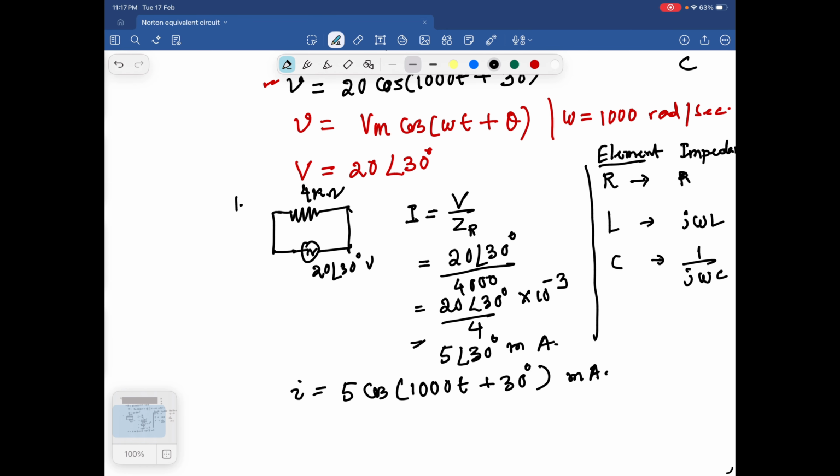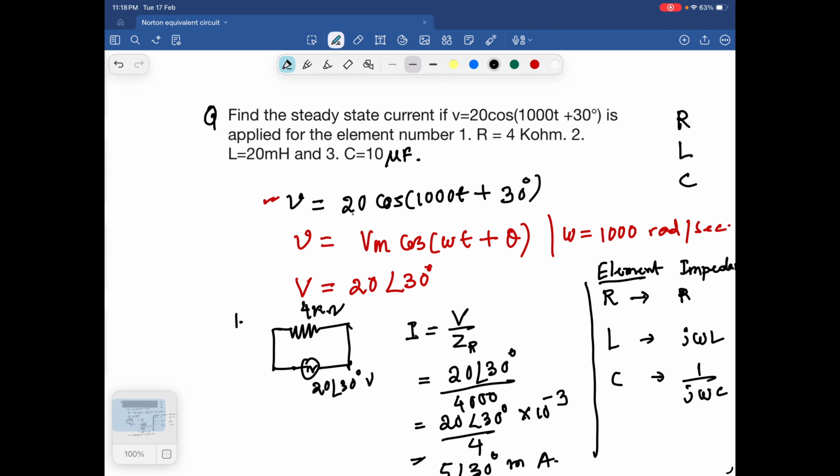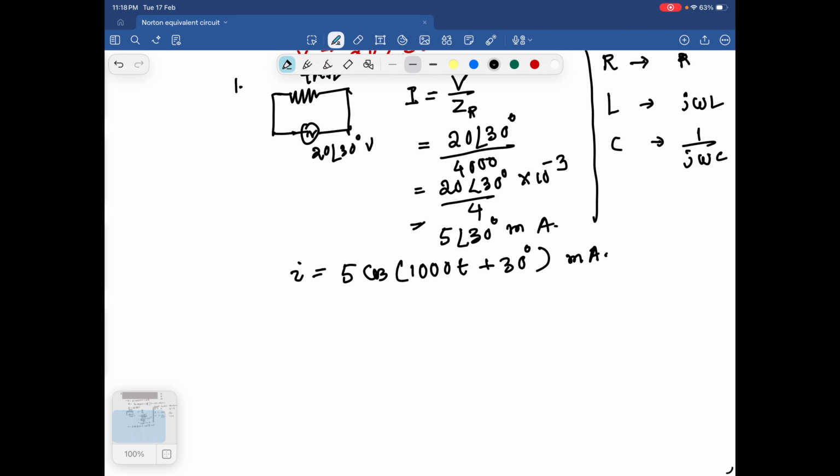What I can see is, if the voltage equation is 20 cos 1000 t plus 30 degree, the current equation is the same thing, only the magnitude changes. So voltage and current are in the same phasor direction.